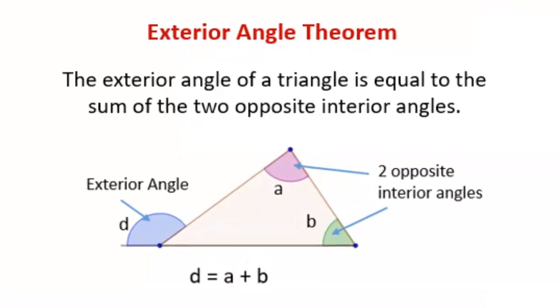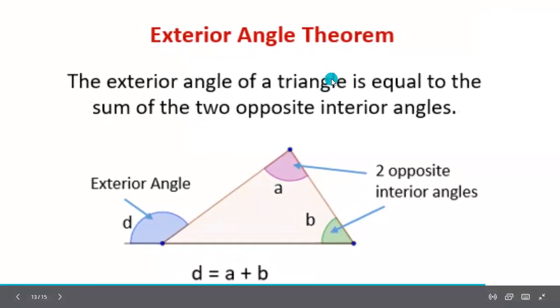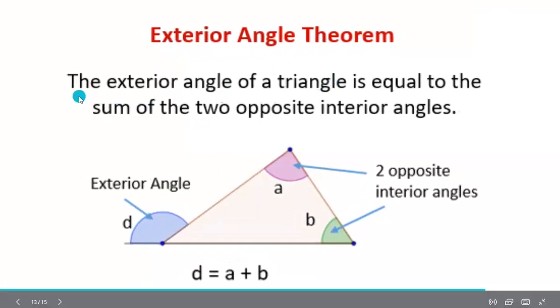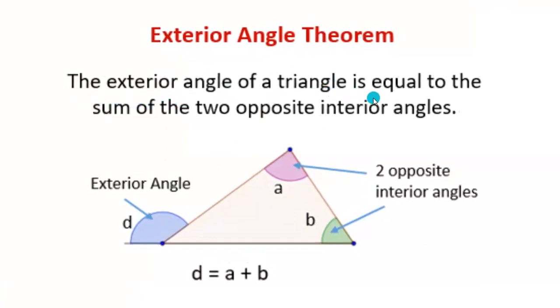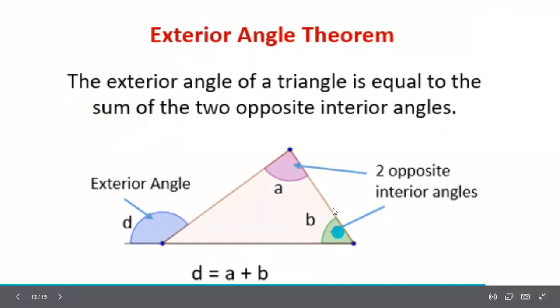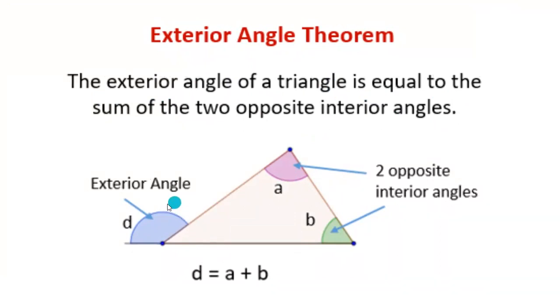Now the next is the exterior angle property. The exterior angle theorem: the exterior angle of a triangle is equal to the sum of the two opposite interior angles. Interior angle means inside the triangle; the angles which are formed inside are interior angles, and exterior means outside of the triangle.